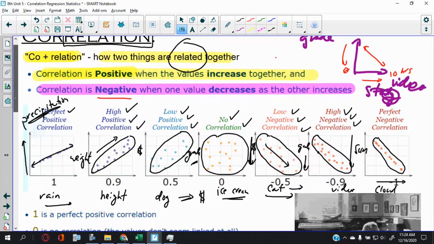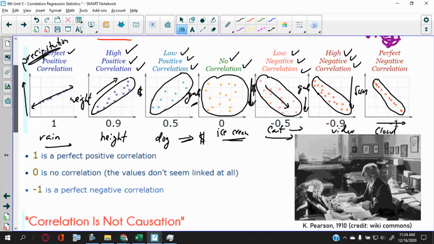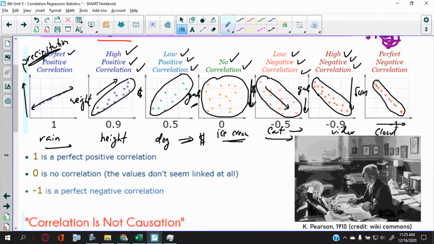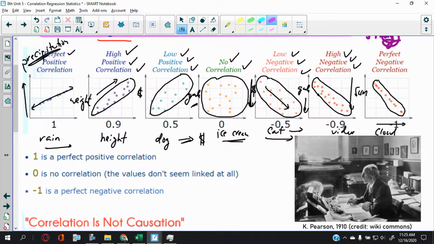Now, let's bring numbers into this by looking back at these graphs. Let me use a highlighter. Perfect positive correlation has a correlation of 1, so R equals 1.